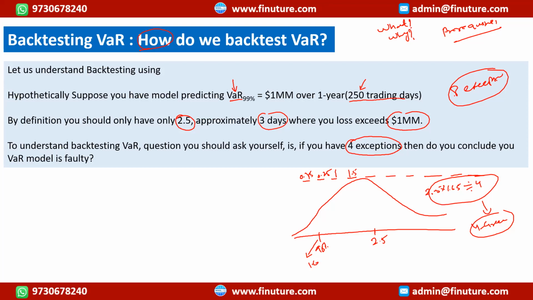So we need more data. Just because we got 8 exceptions, we cannot say our model is inaccurate. So that is backtesting VaR: you plot this distribution at 95% confidence and check if you have 4 exceptions. That's how you backtest your VaR.